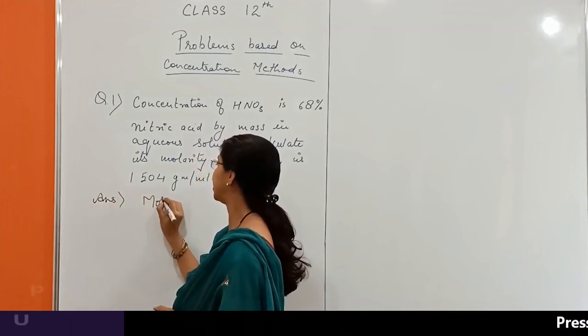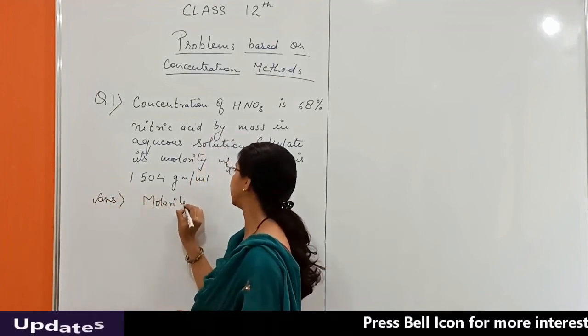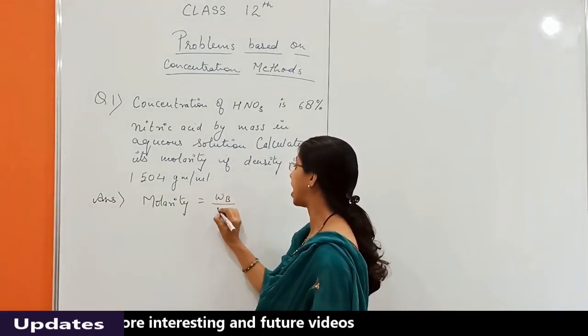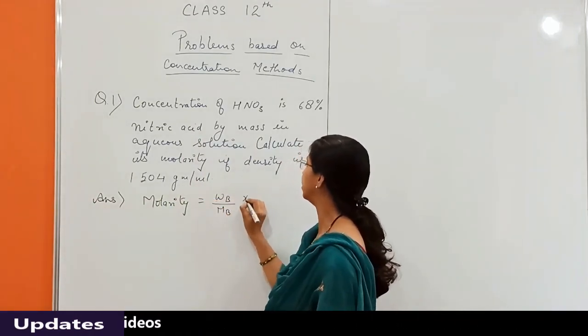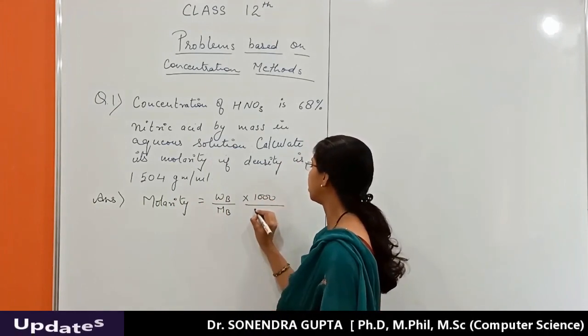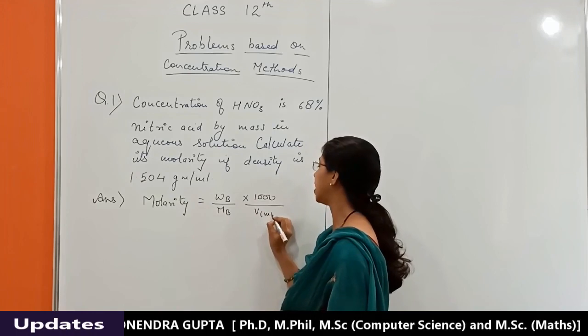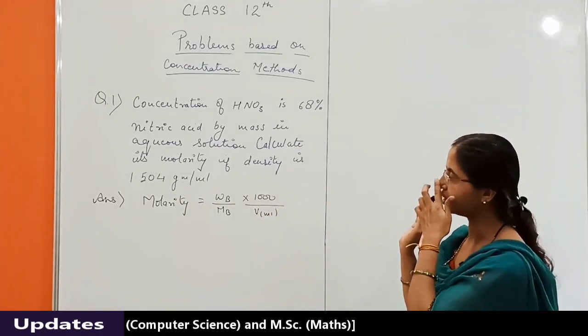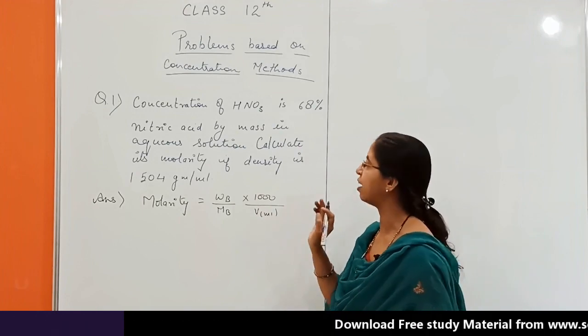Molarity is WB upon MB into 1000 upon V in ml. This we have to calculate.